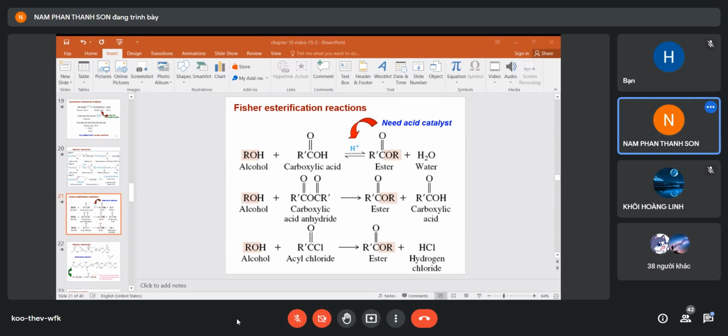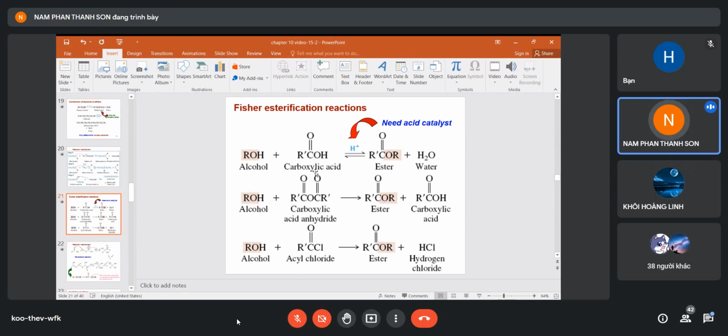This is a reversible reaction, a 2-way reaction. You studied these rules at high school. We can increase the alcohol or carboxylic acid. We can use excess, increase the amount of one reagent.